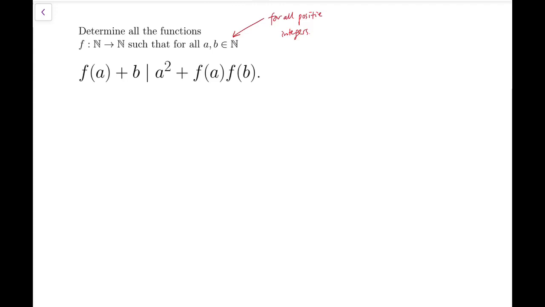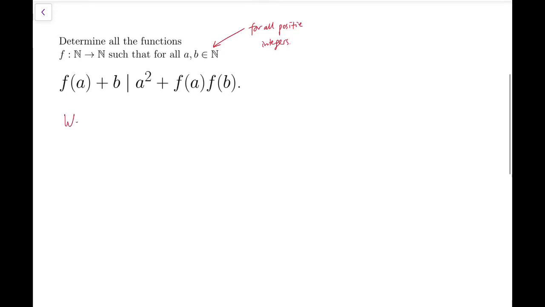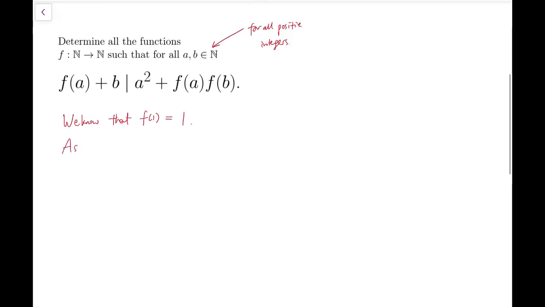I'm going to continue from after achieving the result that f of 1 is 1. We know that f of 1 is 1. So now I'm going to assume that f of k equals k for some positive integer k.